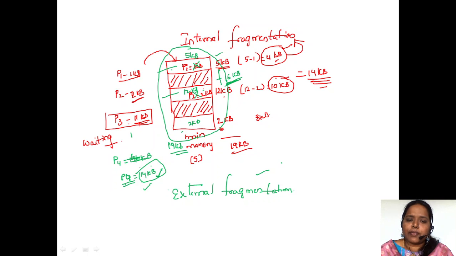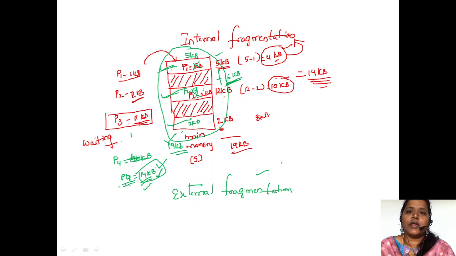But now a process P4 enters which needs 14 KB, and I can't allocate P4 here even though I have 19 KB of memory, because this memory is not contiguous. So this is external fragmentation.